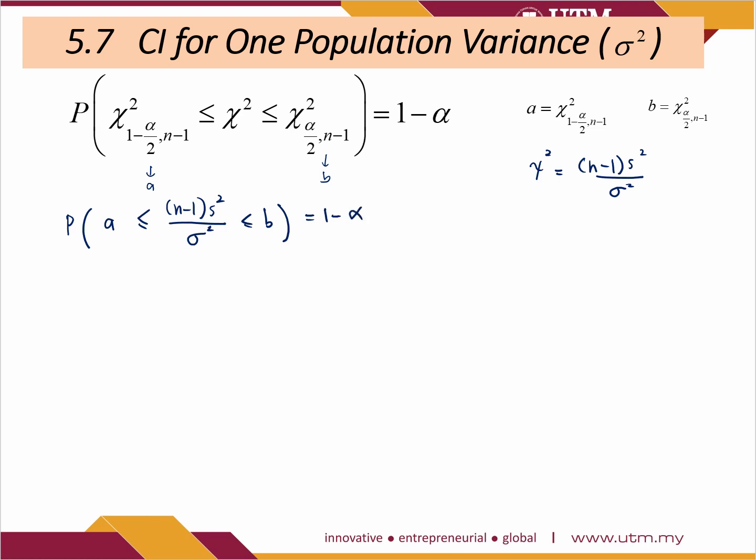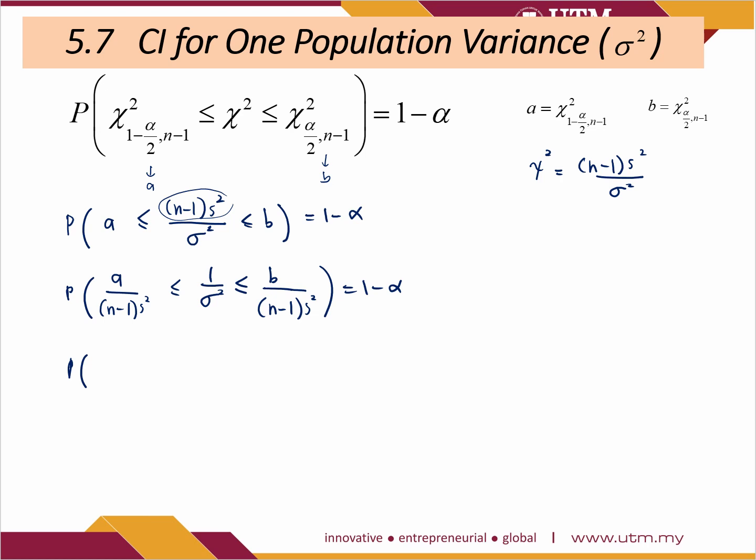Okay, now we want to rearrange this where I will get A, and I will bring this numerator to both sides. So I will divide it as A over n minus 1 s square less than or equal to 1 over sigma square less than B over n minus 1 s square. So now our equation is like this, and we just want to find the probability for the population variance.